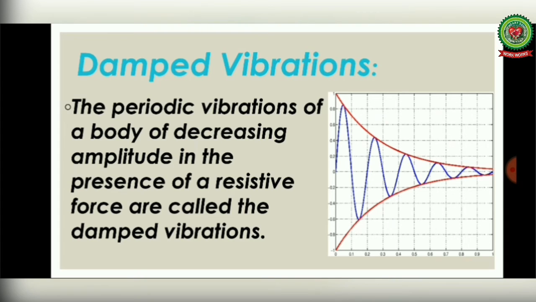Now, defining damped vibrations: the periodic vibrations of a body of decreasing amplitude. You can clearly see in this graph that the amplitude is decreasing with time in the presence of a resistive force; these are called damped vibrations.